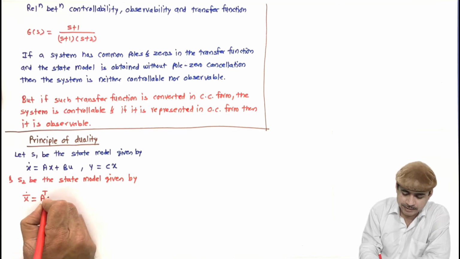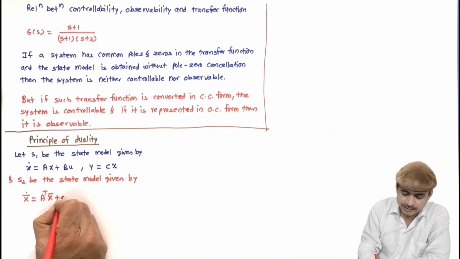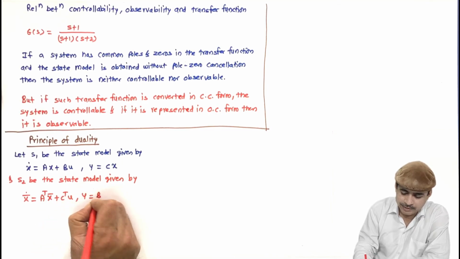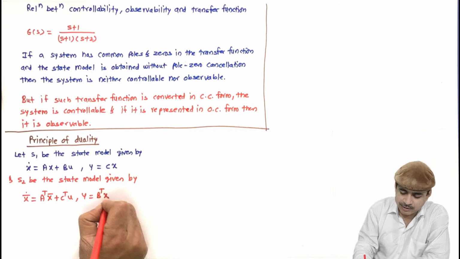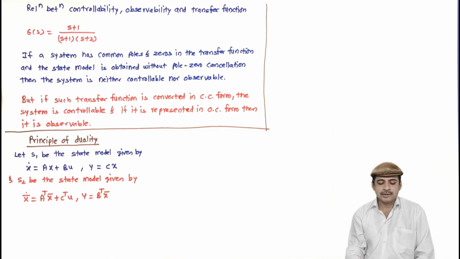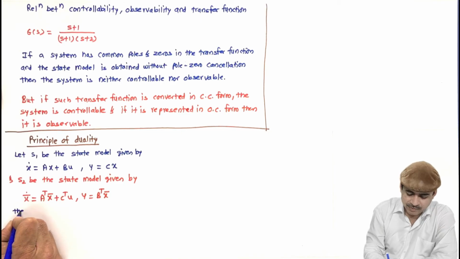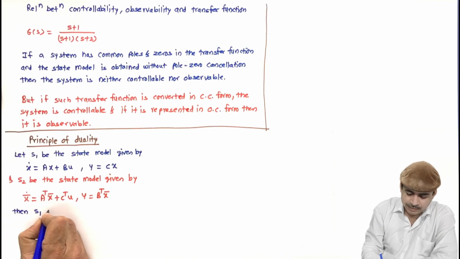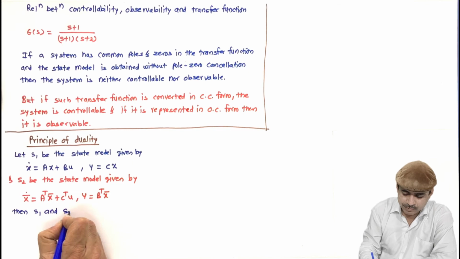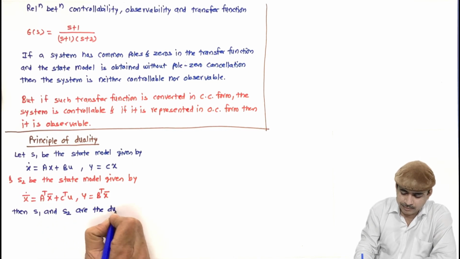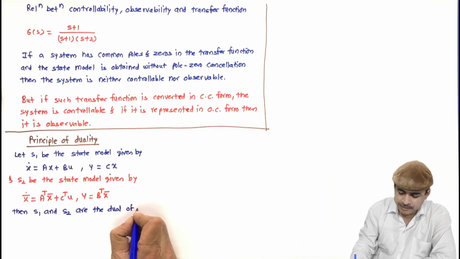A transpose x bar plus C transpose u, and y is equal to B transpose x bar. Then S1 and S2 are the dual of each other.